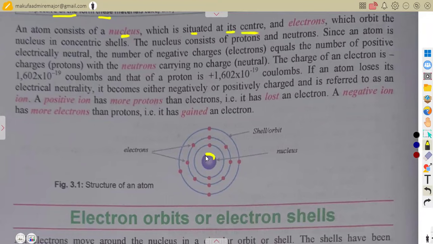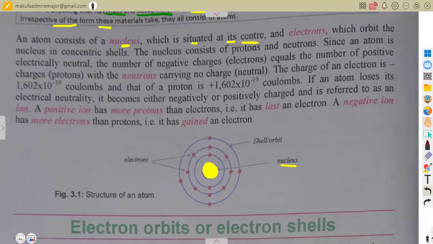The nucleus is made up of protons and neutrons. And then we have the electrons, which orbit the nucleus.